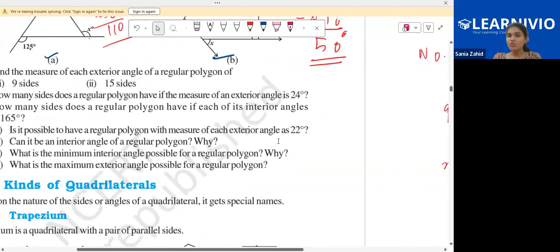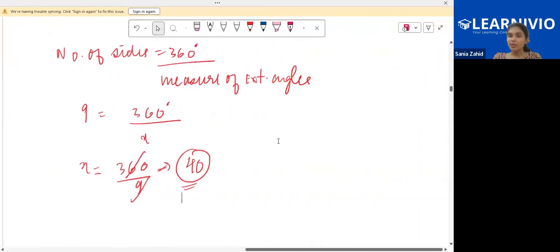Similarly, you do the second part also, 15 sides. So you'll write number of sides is equal to 360 by exterior angle. Exterior angle is x. So x is equal to 360 by 15 degrees, right?